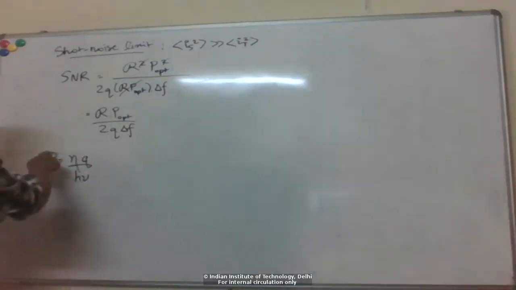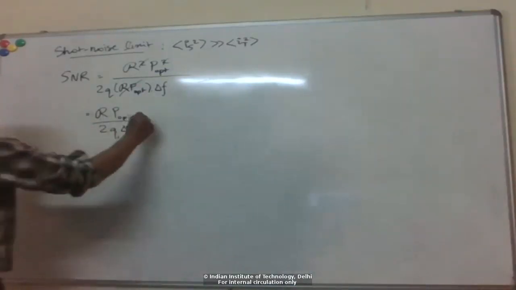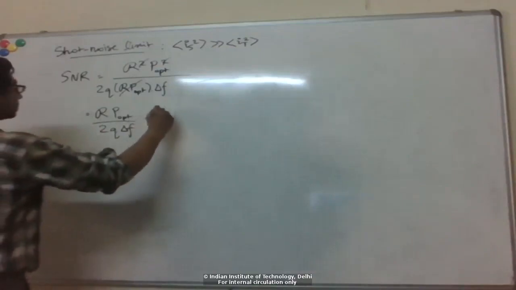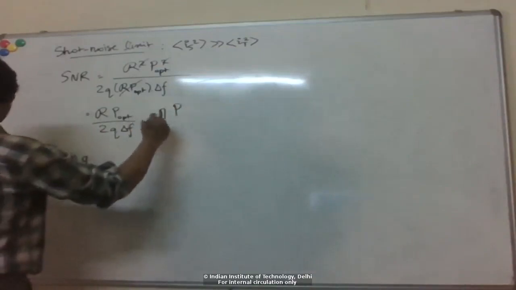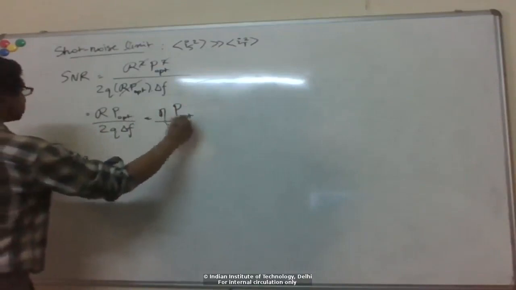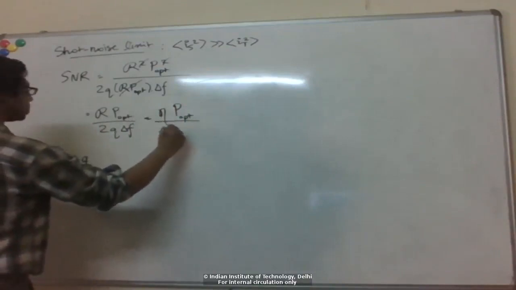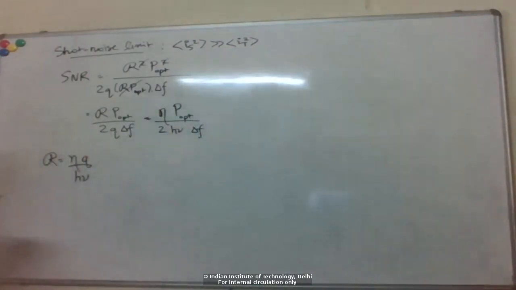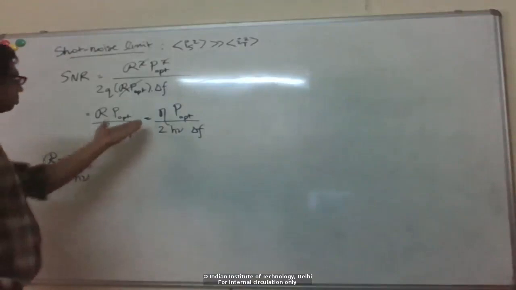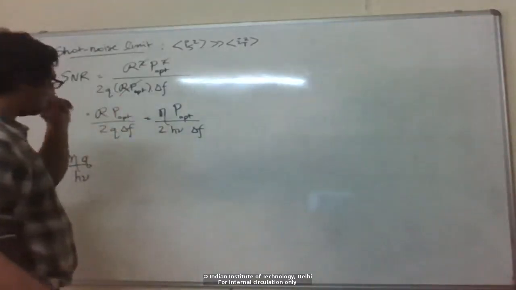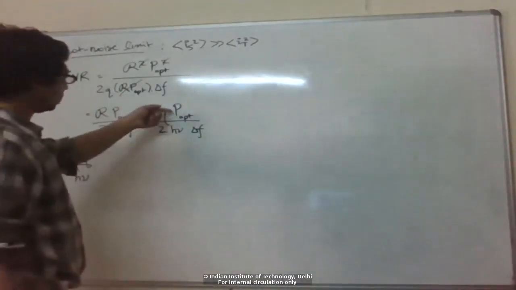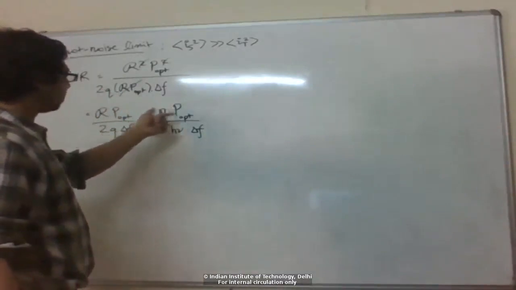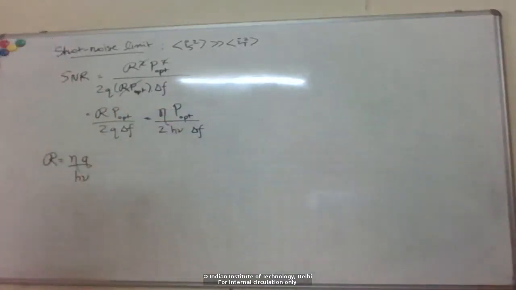So we can write this in terms of the quantum efficiency of the detector. Basically it scales linearly with the optical power and inversely with the bandwidth.